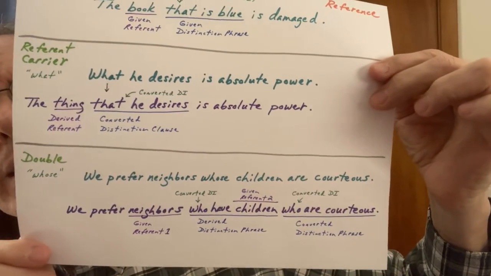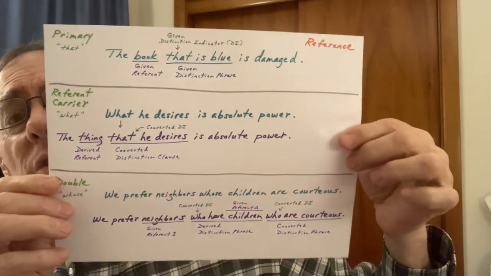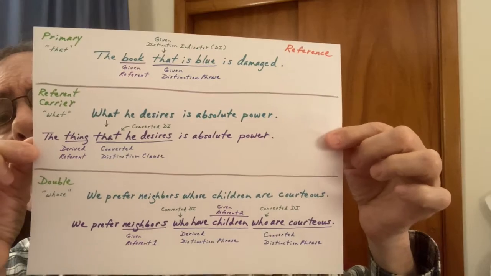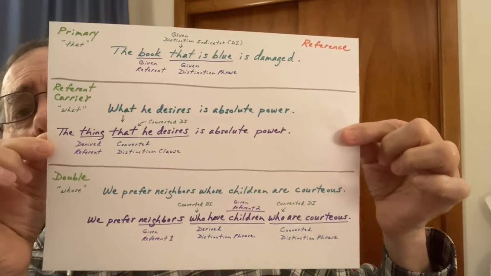So you see clearly, you see three different structures. The referents are a little bit different, and the phrases and distinction clauses are a little bit different. So I hope you understand that.